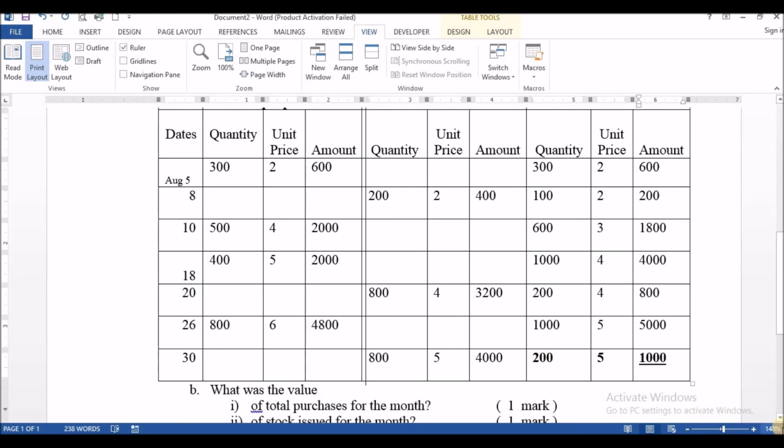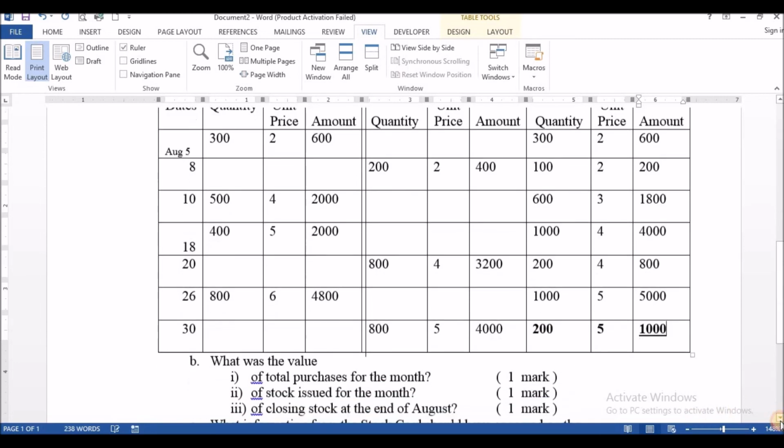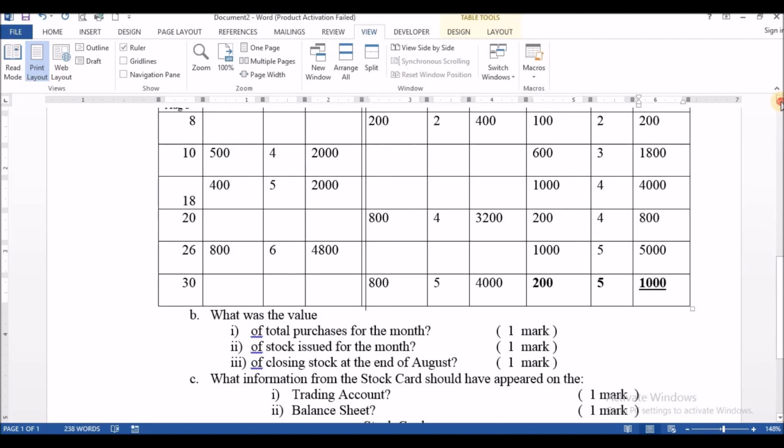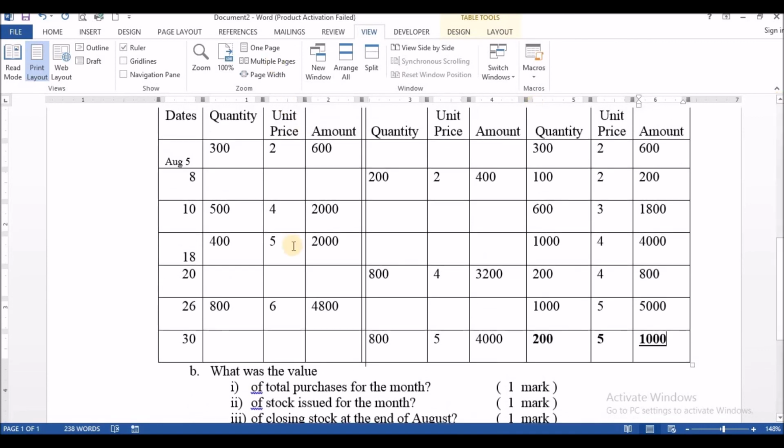So part B of the question asked, this was in relation to the AVCO method. So it said, what is the value of total purchase for the month? So all you'd have to do is look in this column and add up the total right here.